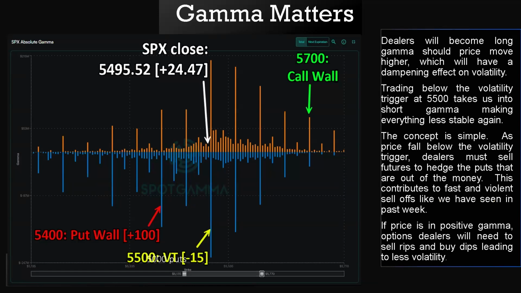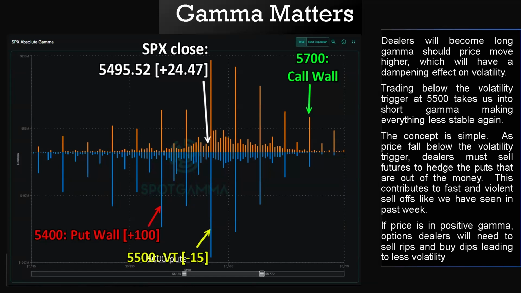Volatility is basically going to decrease above 5,500 as dealers become long gamma when price trades above. When the gamma is negative, options dealers' hedging activity reinforces rather than dampens market moves. This is important in negative gamma: dealers will have to sell futures on the way down and buy them on the way back up.